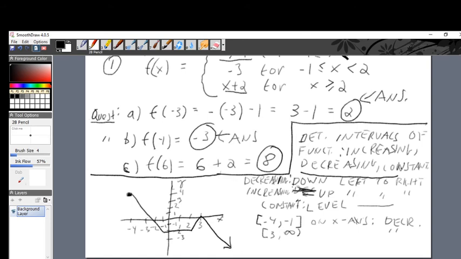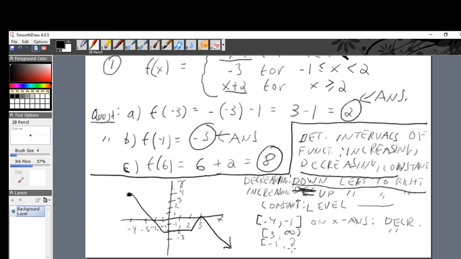Why did that happen? From -4 to -1, here it is going downwards, left to right. From 3 till infinity is downward, left to right. Down, left to right on this interval, and down, left to right on this interval.